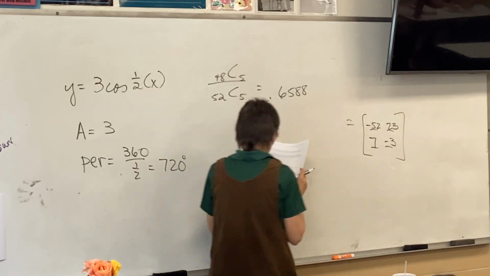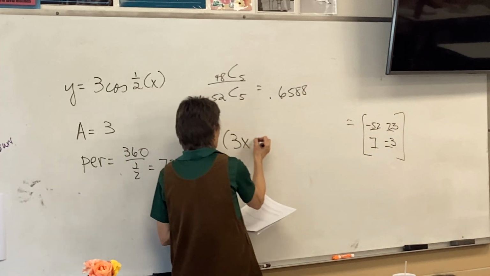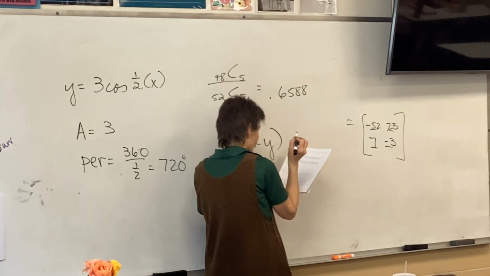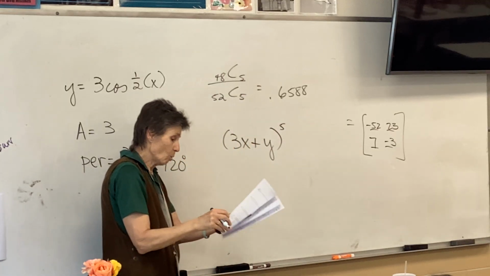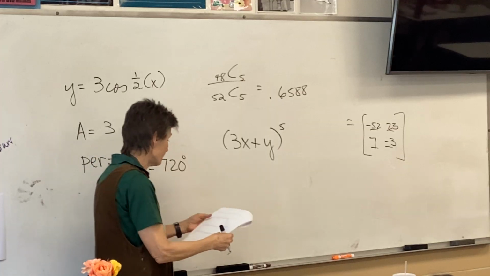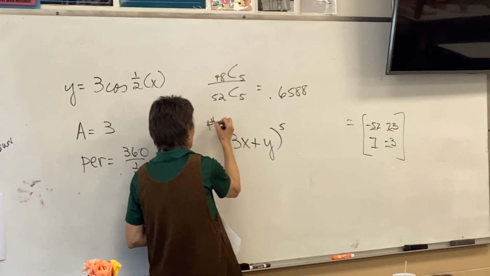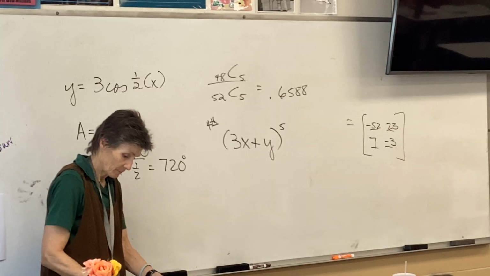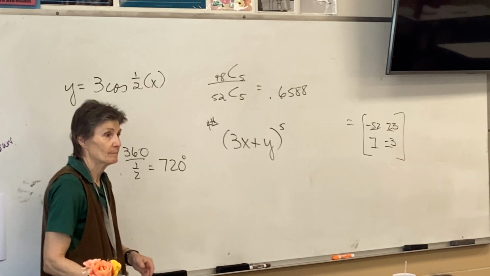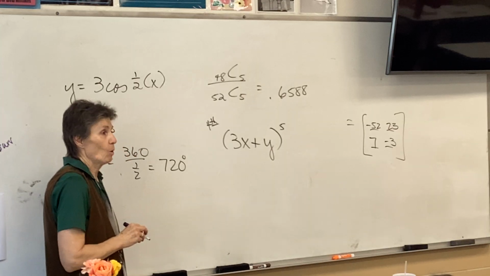200. Number 20, 3x plus y to the 5th. We don't want the whole thing, we want only the 4th term. I'm almost done. We want the 4th term.